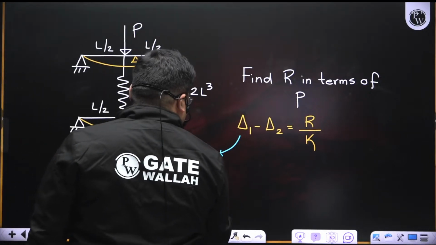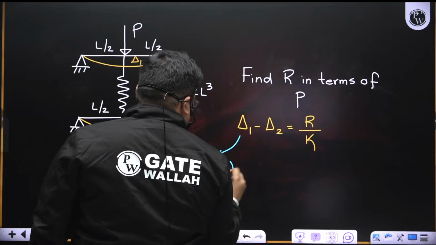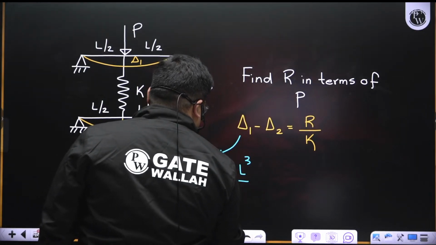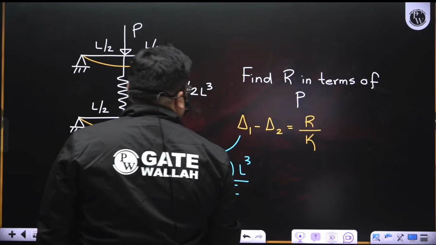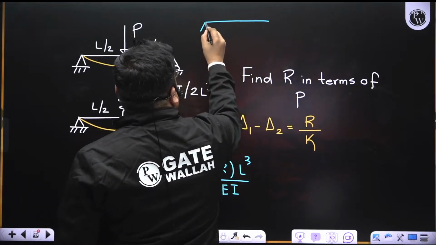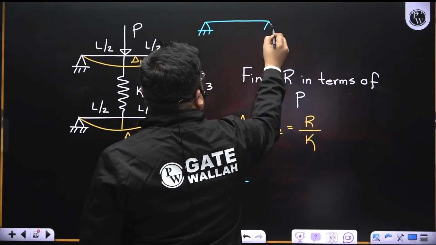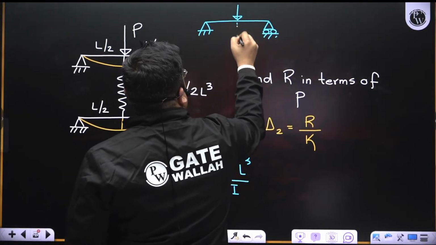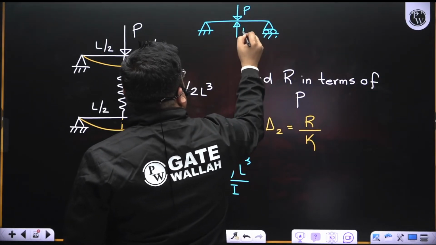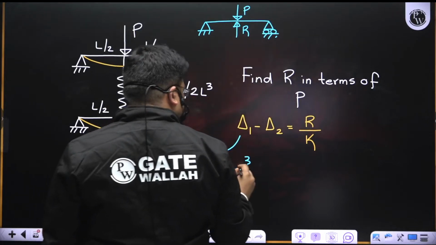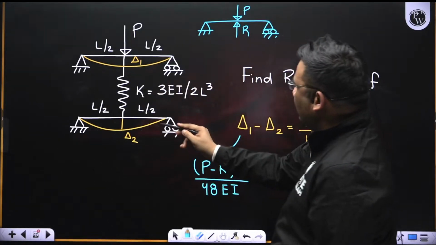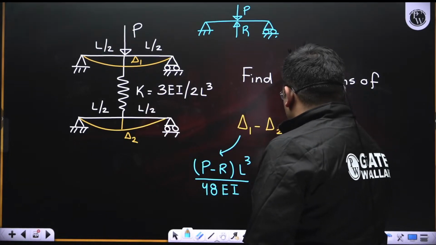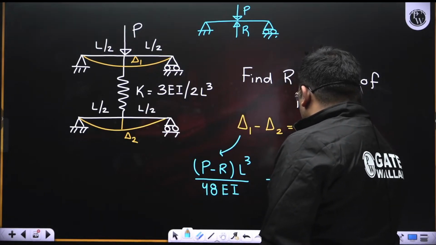So it will be P minus R L³ by 48EI. P will be acting like this and R will be acting like this. So net force will be P minus R acting at the midspan. And for the second one, only R will be acting, so RL³ by 48EI.